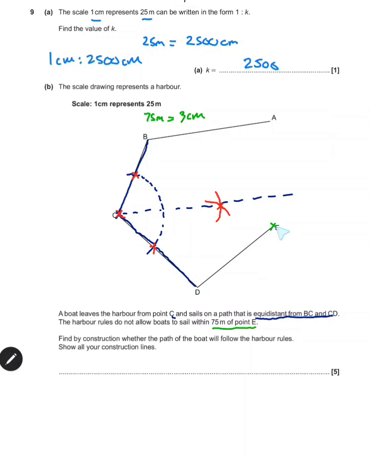So what you need to do is, again, grab your compass, open it out to 3 centimetres and draw a circle with a radius of 3 centimetres. And the question says, by using construction, is the boat following the harbour's rules? Well, if it follows this line, it's going to enter that no-go zone. So I'm guessing the answer is no.